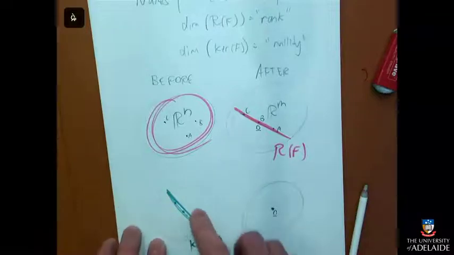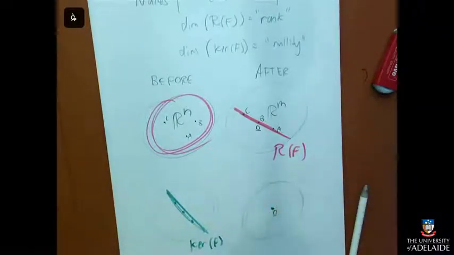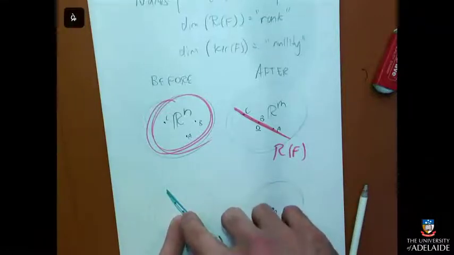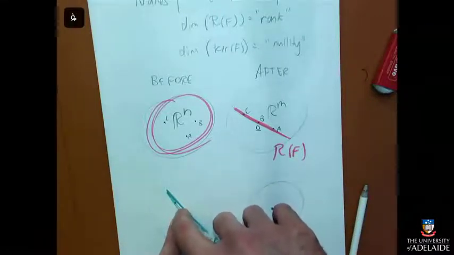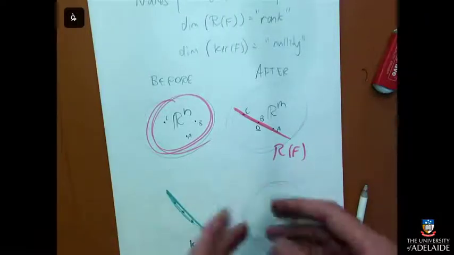Once you do the function on the kernel, everything just gets squashed into the origin. So it is possible that the kernel is just the origin. That may be the only point that goes to the origin afterwards. It may be that everything goes to the origin.